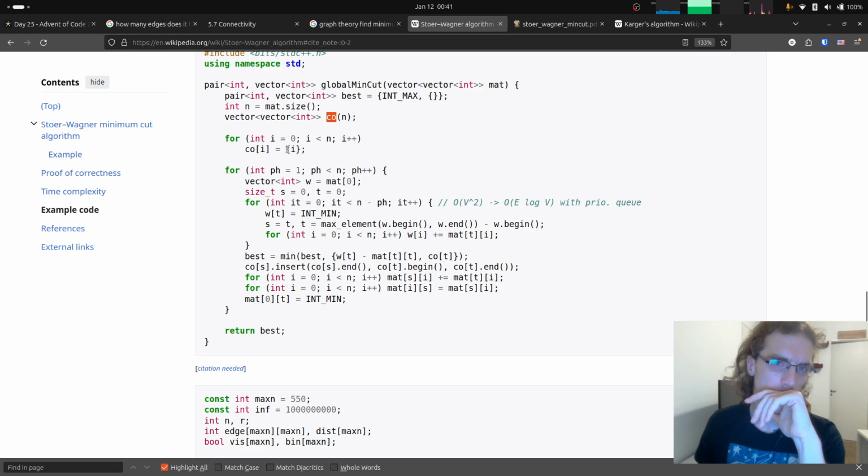Vector of vector is okay. We start with, what does this mean? We initialize this with a vector of one element. Got those beautiful variable names.